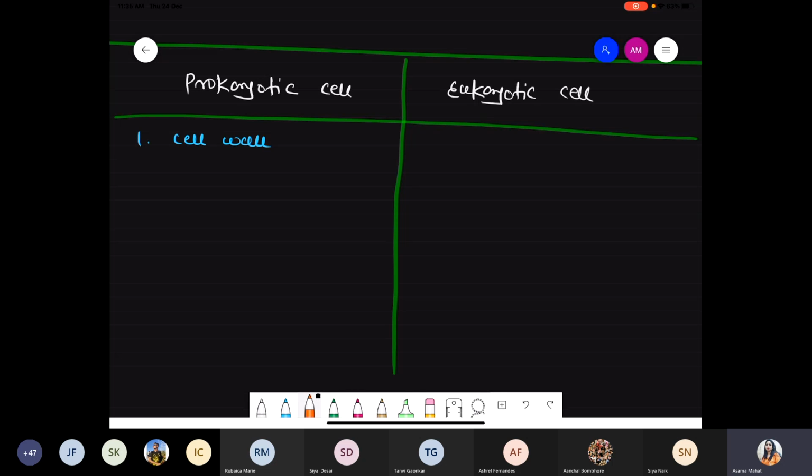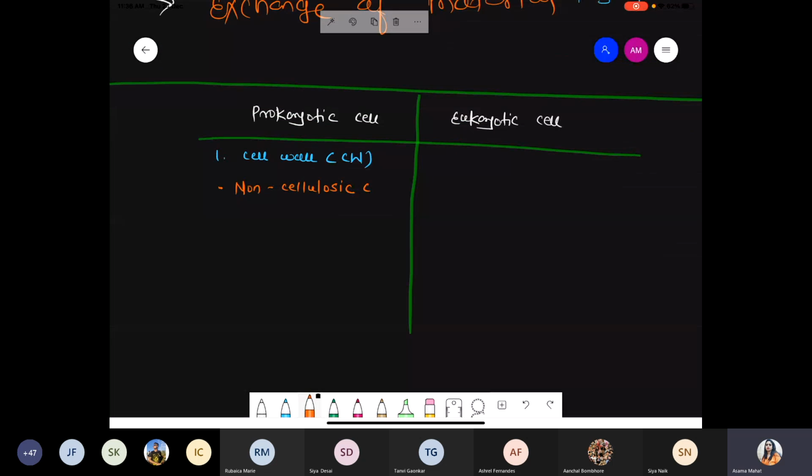Inside the bacterial cell, whatever cell wall is present, that is non-cellulosic cell wall. Cellulose तो present नहीं होगा, definitely. What composition is present? We'll discuss that part later. So first of all, there is a presence of the non-cellulosic cell wall. For the cell wall, I'm using CW for simplicity.